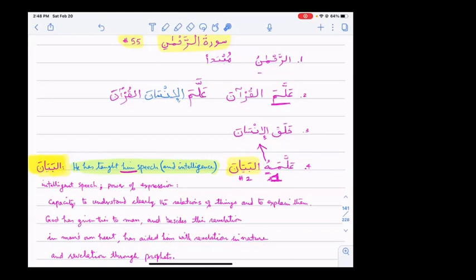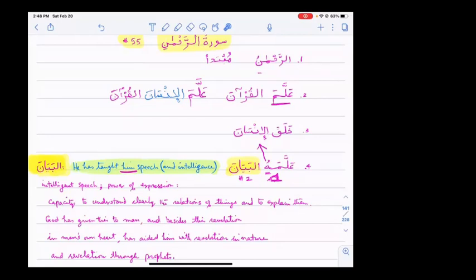Everything relates to Allah: the sunrise, the sunset, the moon, the sun, the mountains, the flowers, even a simple smile on an innocent child, boy or girl. That relates to Allah, who created that child and gave that child a beautiful smile.